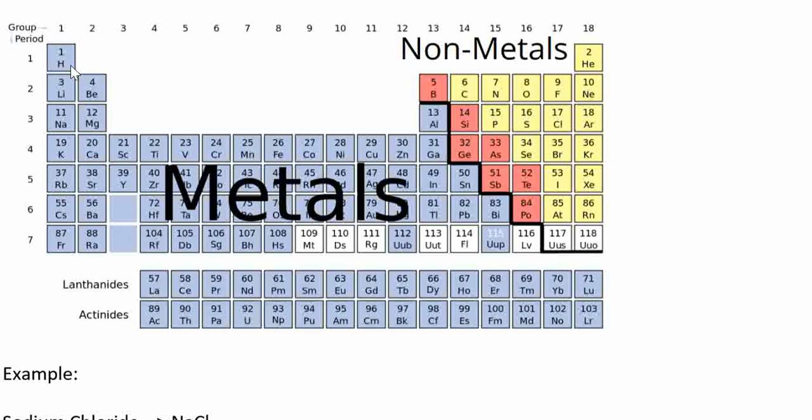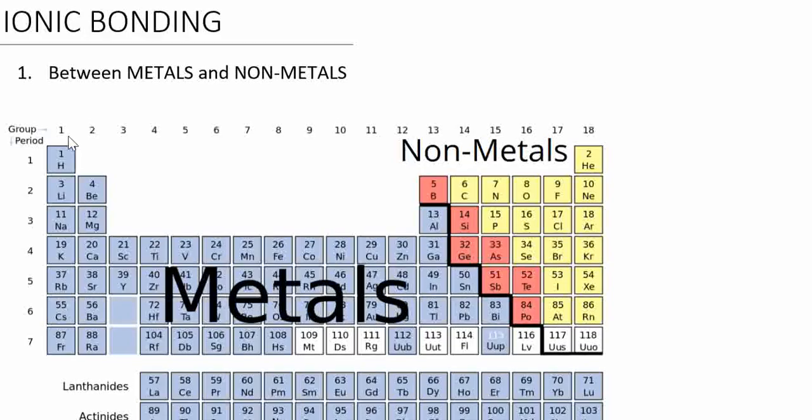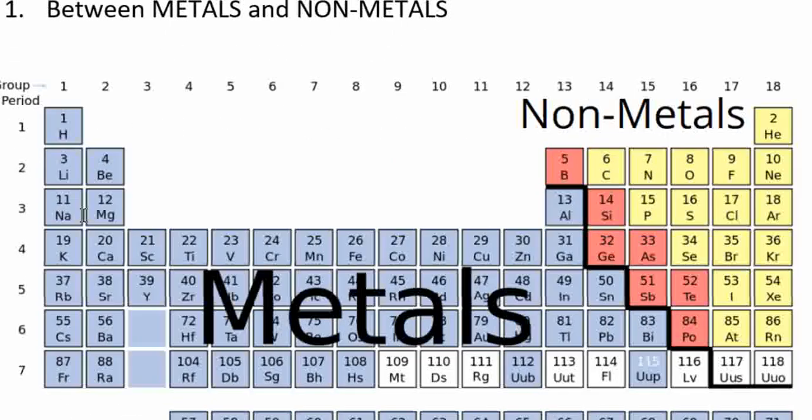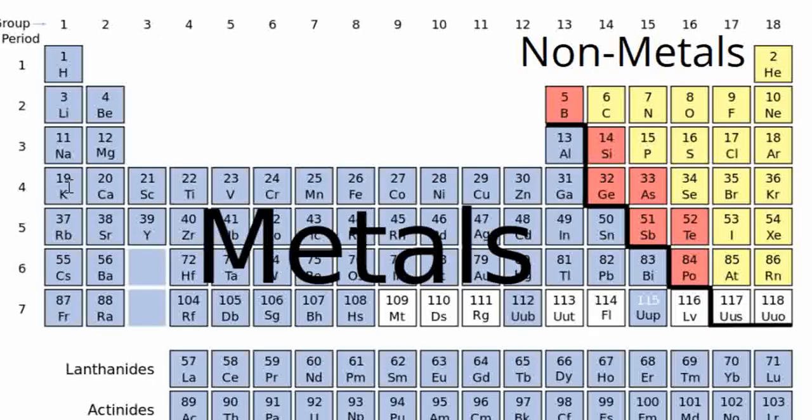So the metal is taken from group 1. Sodium is in here. Now, sodium is in group 1 and chloride is in group 7.